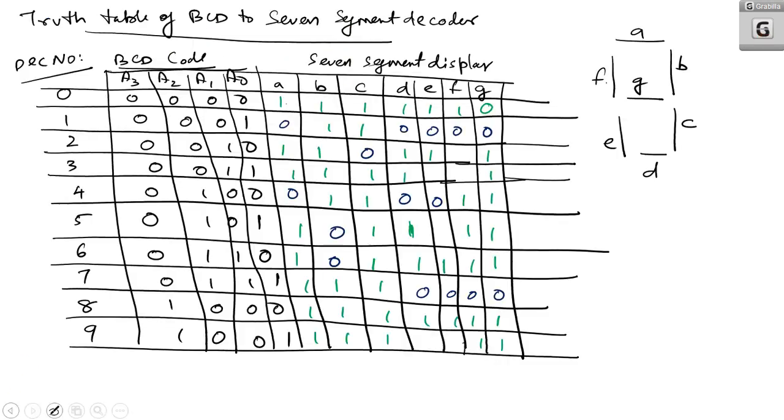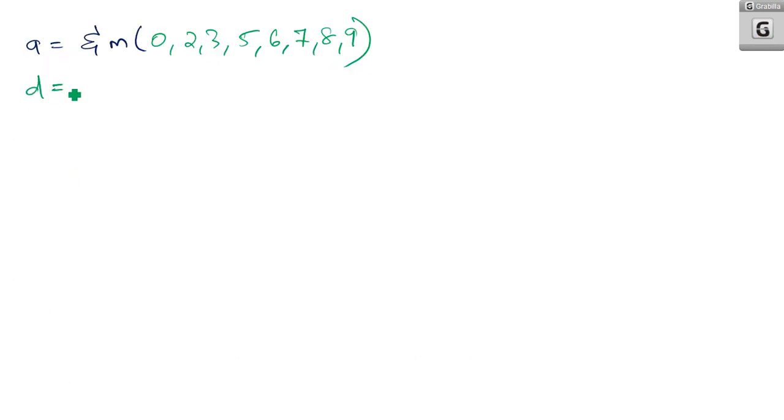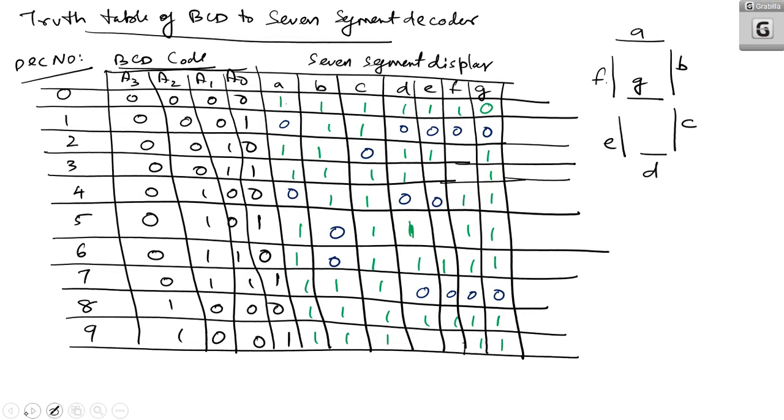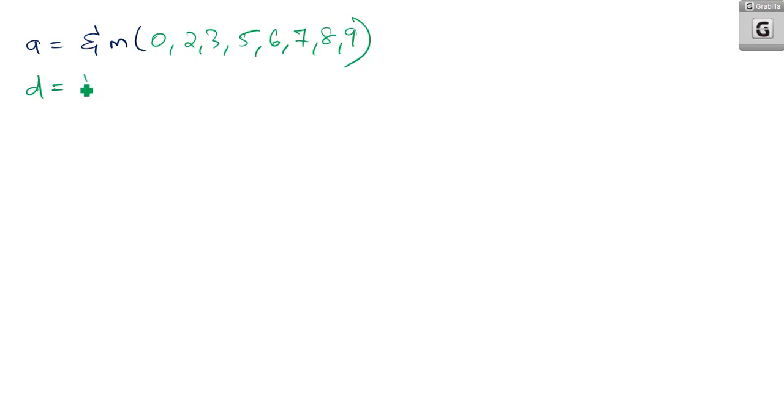So that is A. Now which one is don't care? Don't care comes from 10 to 15. So sigma don't care is 10, 11, 12, 13, 14 and 15. The don't care remains the same for all.